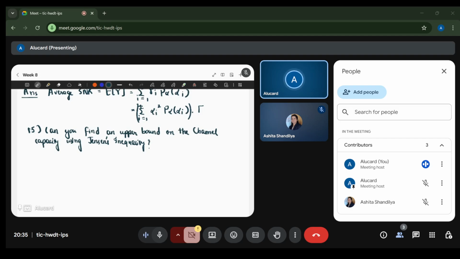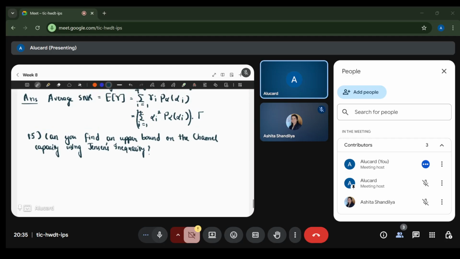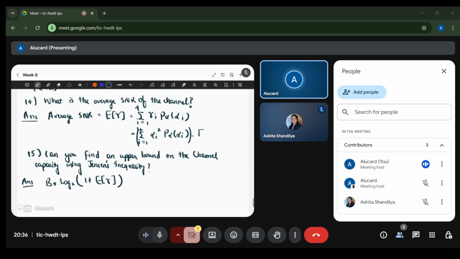So using Jensen's inequality, the upper bound will be B times log of 1 plus average SNR, where we found the average of gamma in question number 14.